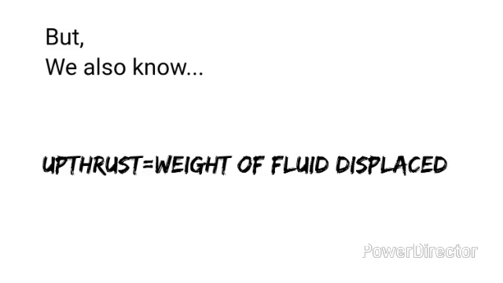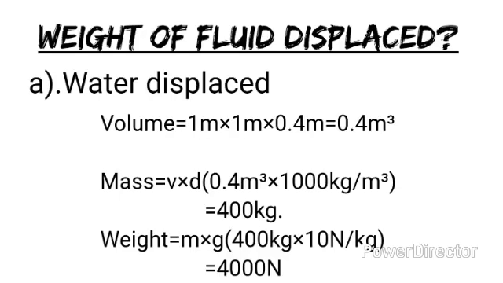But here, we have two liquids, one being water and the second one being ethanol. The first thing will be to calculate the individual weight of the fluid that is displaced, so that from there we'll go ahead to link it up to the weight of the cube. If we begin with water, we've been told that only 0.4 meter of the cube was underwater.